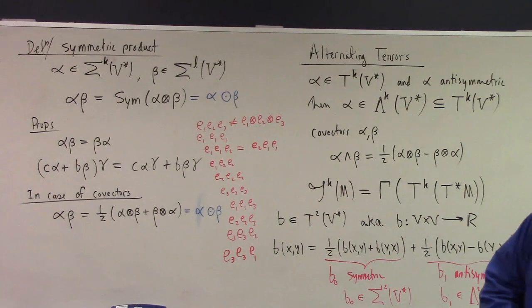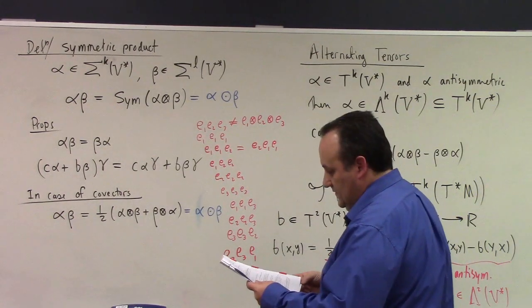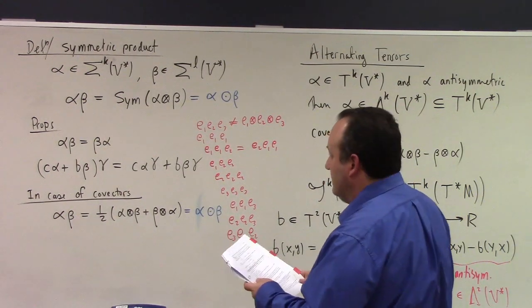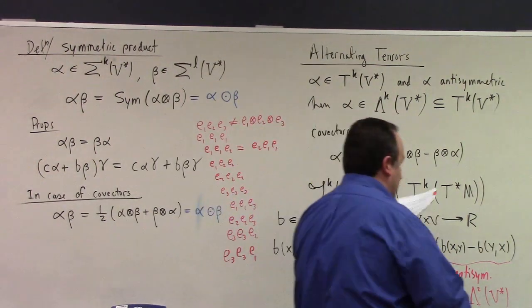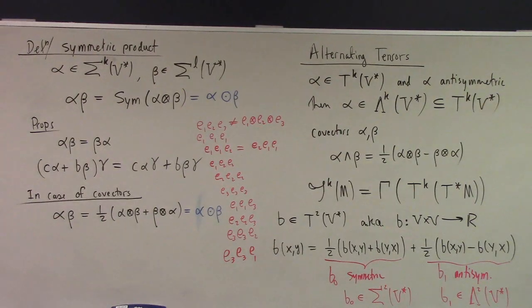there's that. Now, the other thing I was supposed to tell you guys about was the tensor pullback. So suppose we've got F, a smooth map from M to N, and let's say alpha is an element of the k-tensors on the cotangent space of N at F of p.